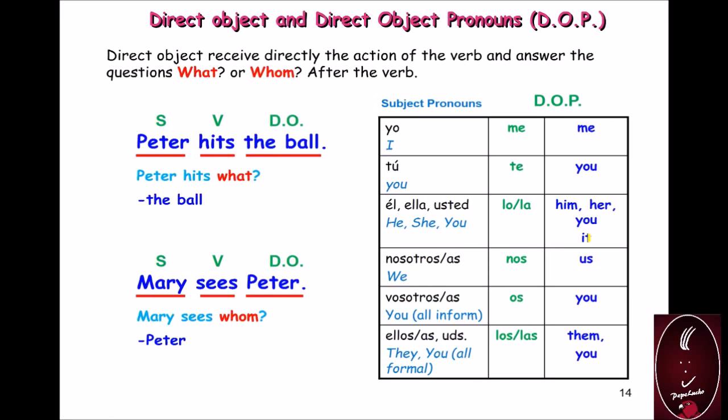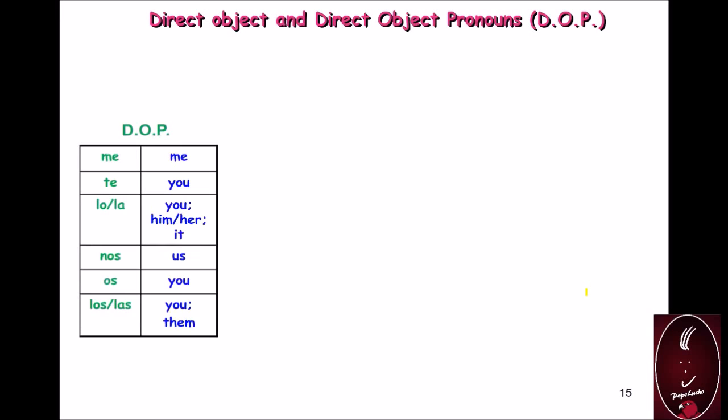It is used when we refer to things already or previously mentioned, for impersonal direct object pronouns. And so on. So we have here the direct object pronouns in Spanish and in English.